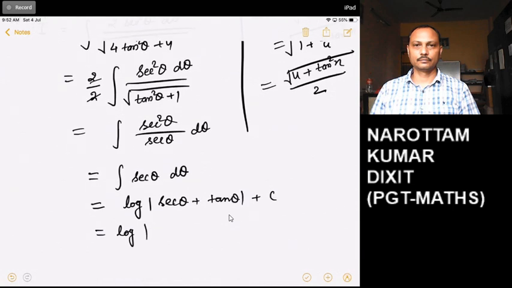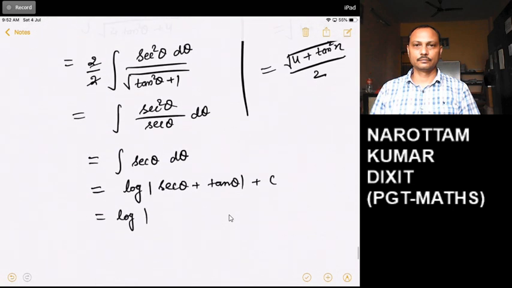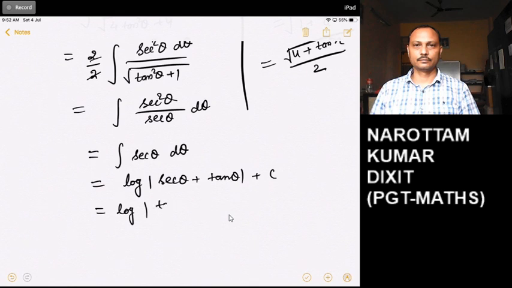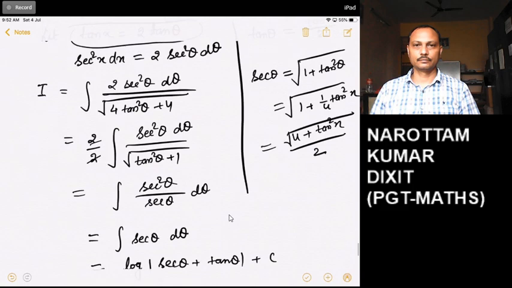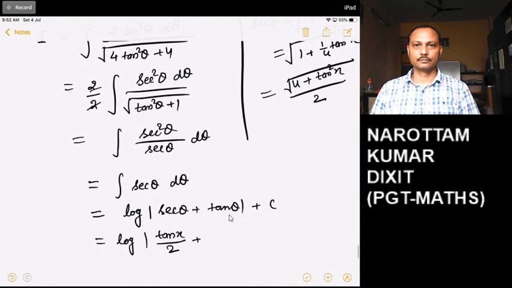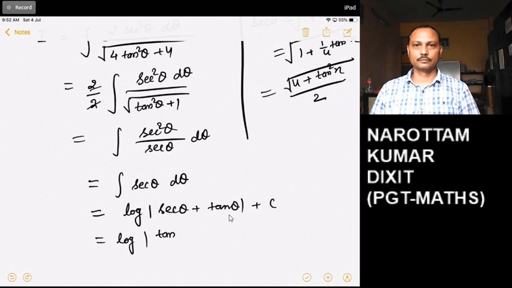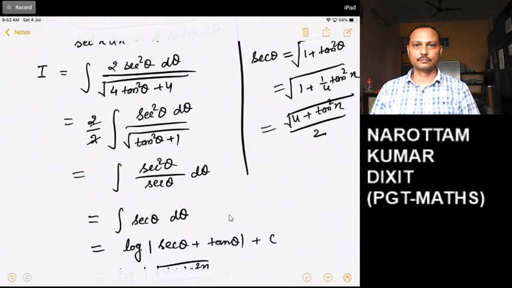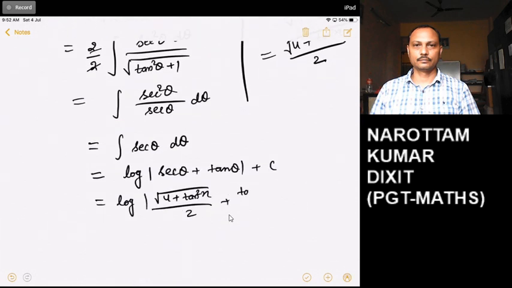So place these values. Value of sec theta is square root of 4 plus tan square x divided by 2, plus the value of tan theta is tan x by 2, plus c.